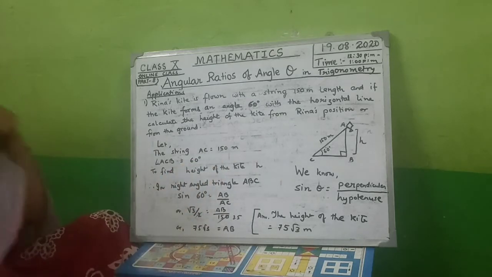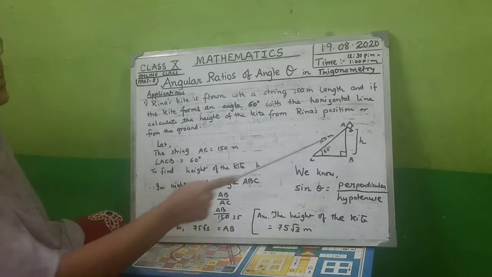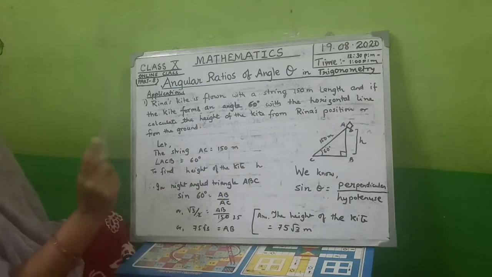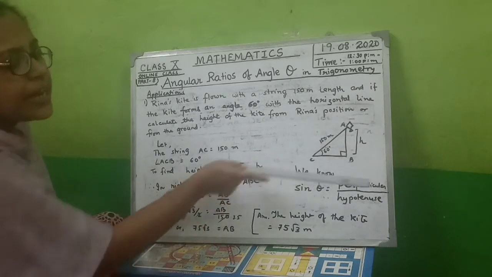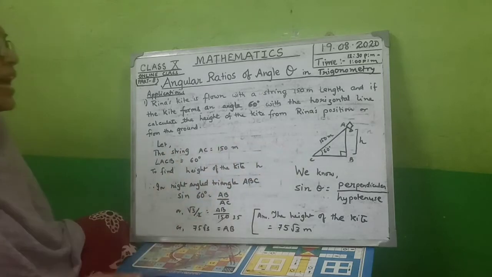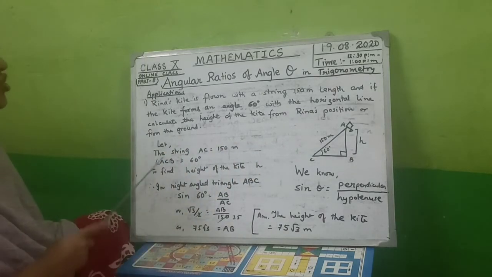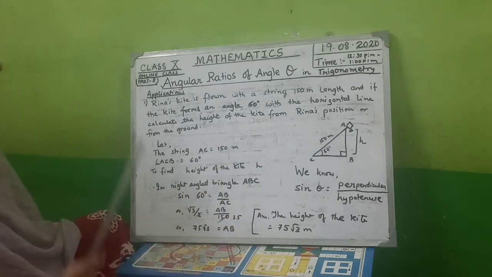Now, look, let the string AC be equal to 150 meter. What angle is the string making with the horizontal line, that is with the ground? That is 60 degree. So, angle ACB is equal to 60 degree.